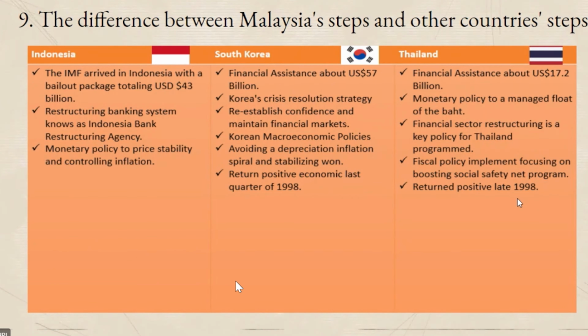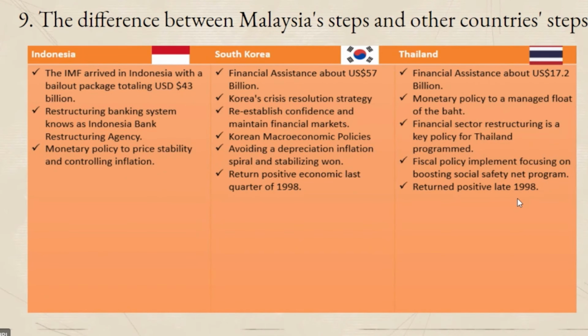For monetary policies, they wanted to avoid inflation and stabilize the currency, so they also increased interest rates like Malaysia. And to improve social safety, the Korean government implemented an employment insurance system.